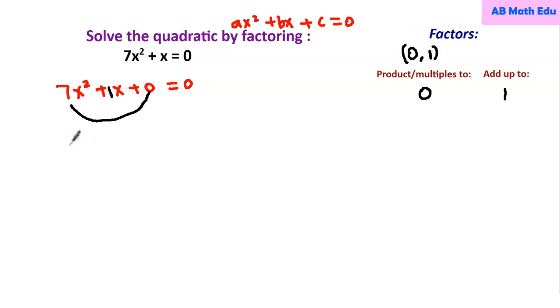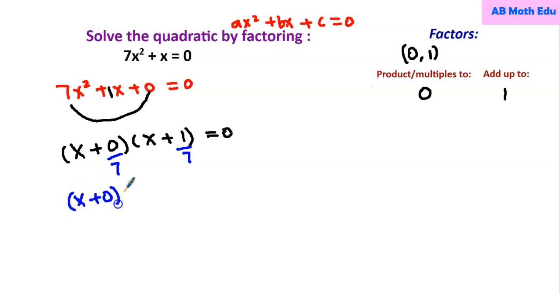Once you get that, you write x plus 0 and x plus 1 equals 0. Since here we multiplied by the leading coefficient, we have to get it out. So we will divide here by 7 and we will divide here by 7. And then here we will simplify. 0 divided by 7 is 0.